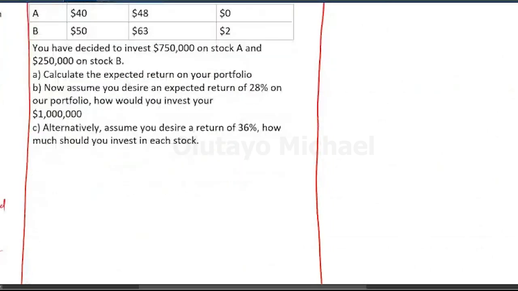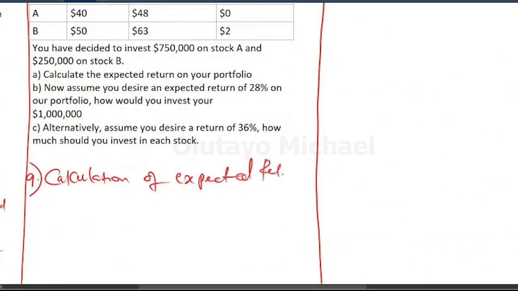So part A, calculation of expected return.